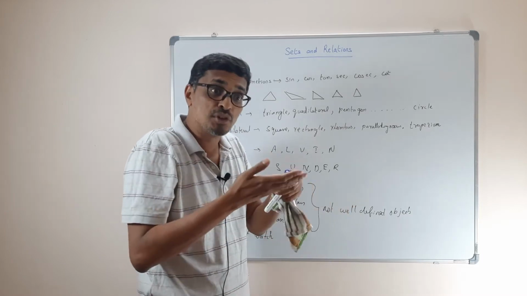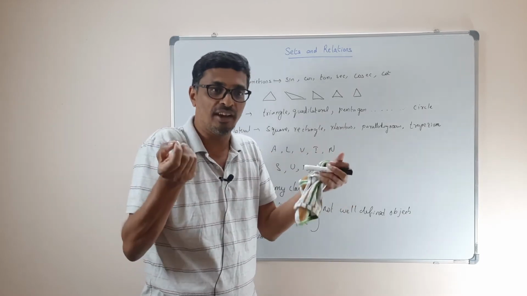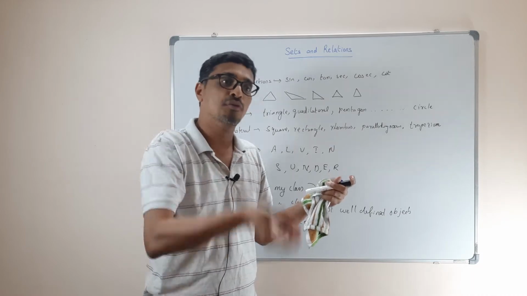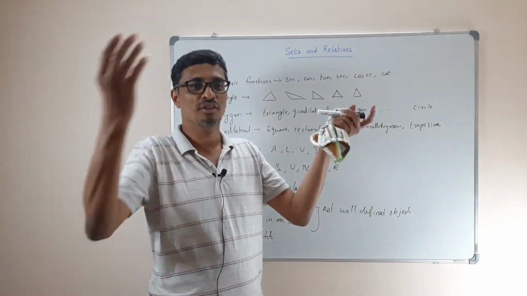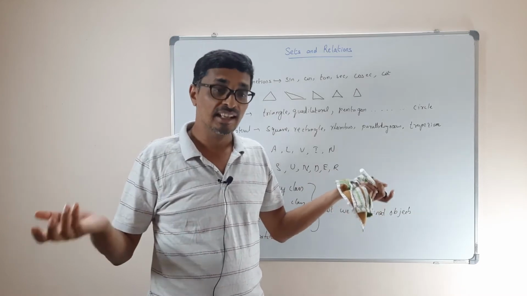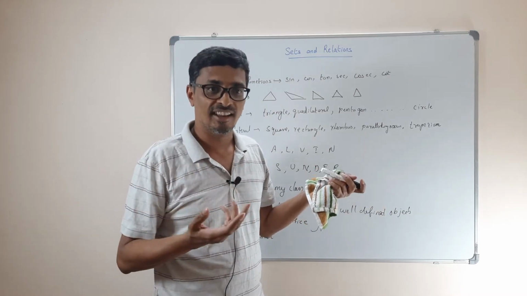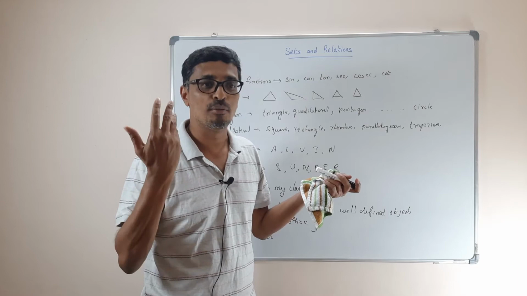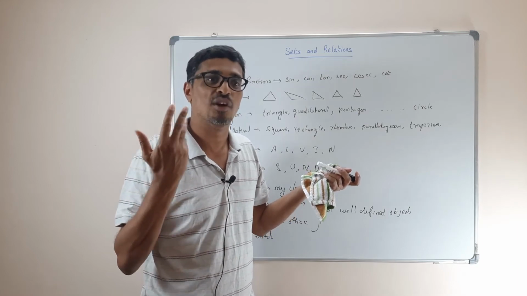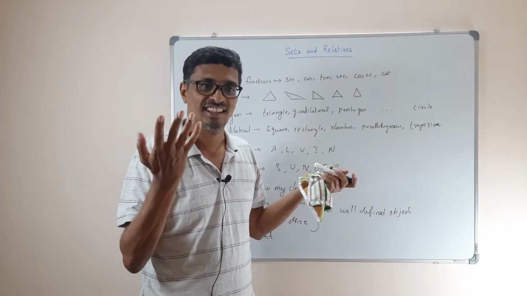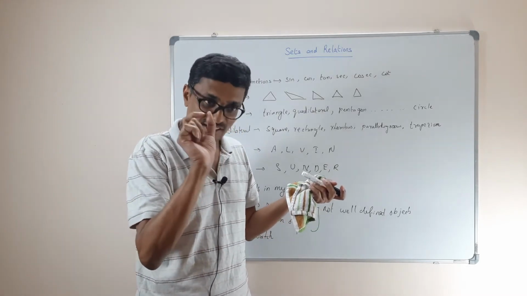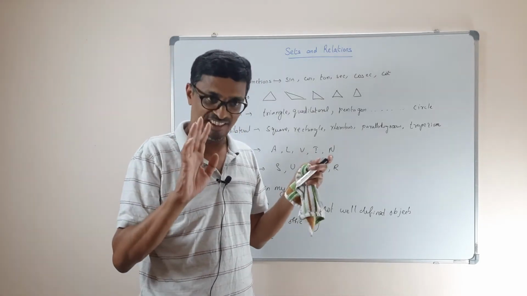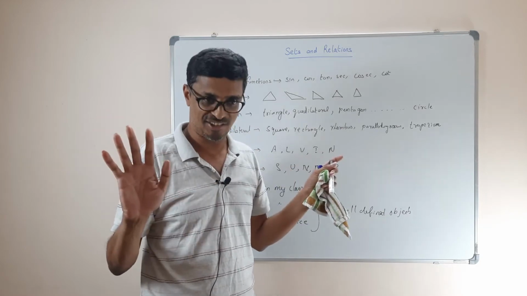Though the numbers go to infinity, they are well defined. 1 will be 1 for you, for me, for everyone. 5 will be 5 for everyone. The number of digits on a die: when you roll a die, you get 1, 2, 3, 4, 5, 6. This is the same for everyone. There is no ambiguity in it.